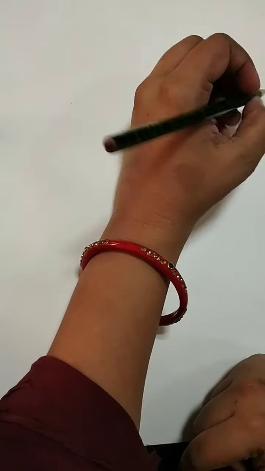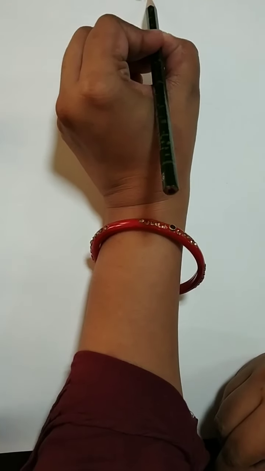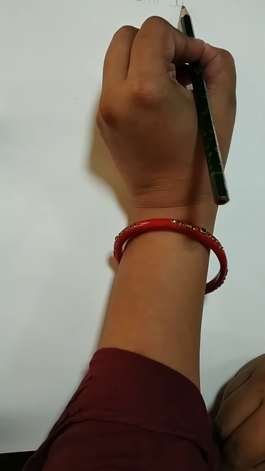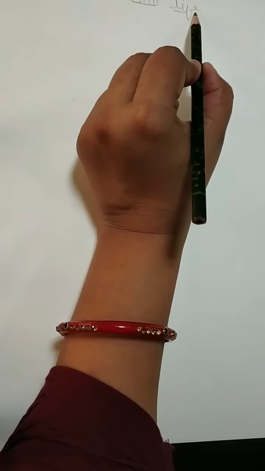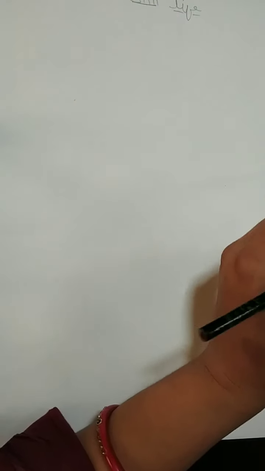I will make one object. Still life means study of an object that cannot move from one place to another. It's a non-living thing by its own. It's called still life.